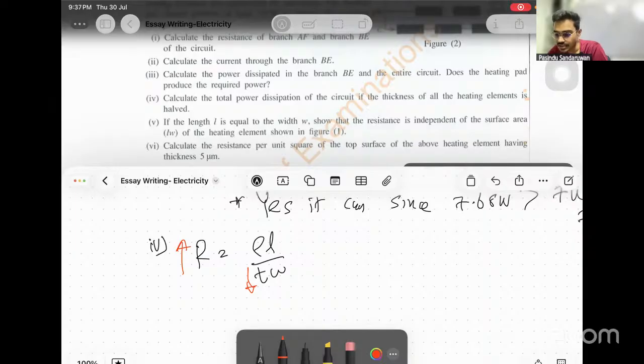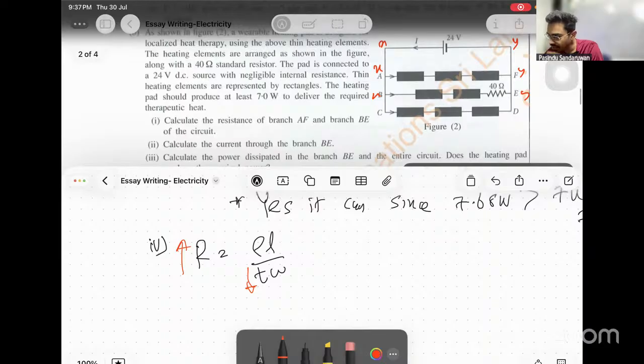Then the question is total power dissipation. If this is halved, then we have to find the new power. New resistance of BE is, say, RBE dash. Now, if resistance is doubled, 80 becomes 160.